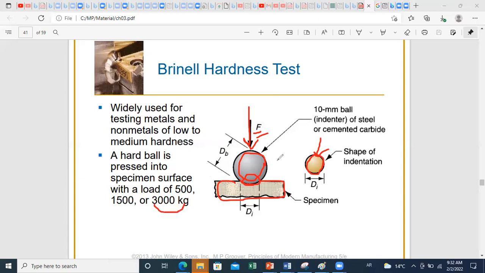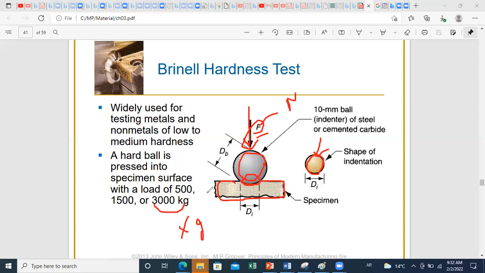Look, when they give you the force in kilogram, all you have to do to convert it to Newton is to multiply by g. So when we say a load of 500 kilograms, this is equivalent to 5,000 Newton.